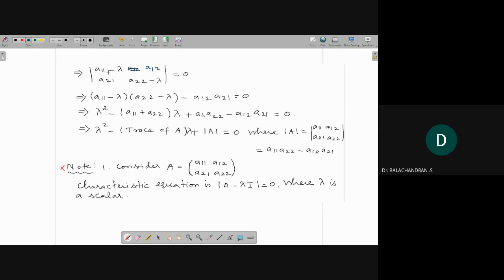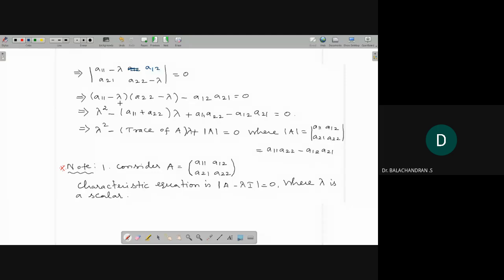So A11 minus lambda, and then A12, A21, A22 minus lambda. And then the determinant, you need to expand the determinant. Multiply these two minus multiply these two. So A11 minus lambda into A22 minus lambda, minus A12 into A21.